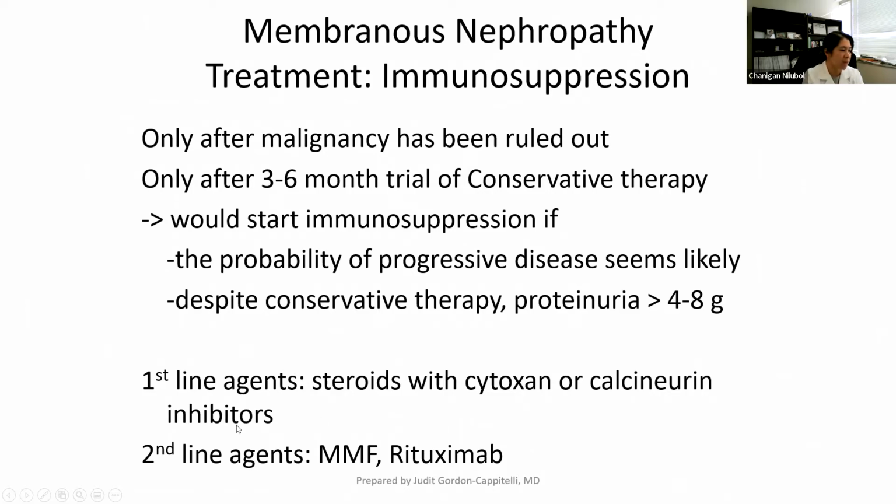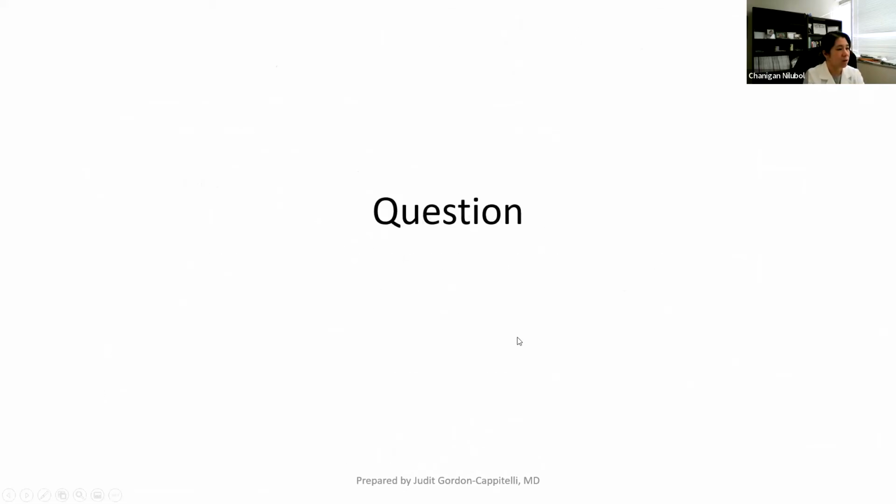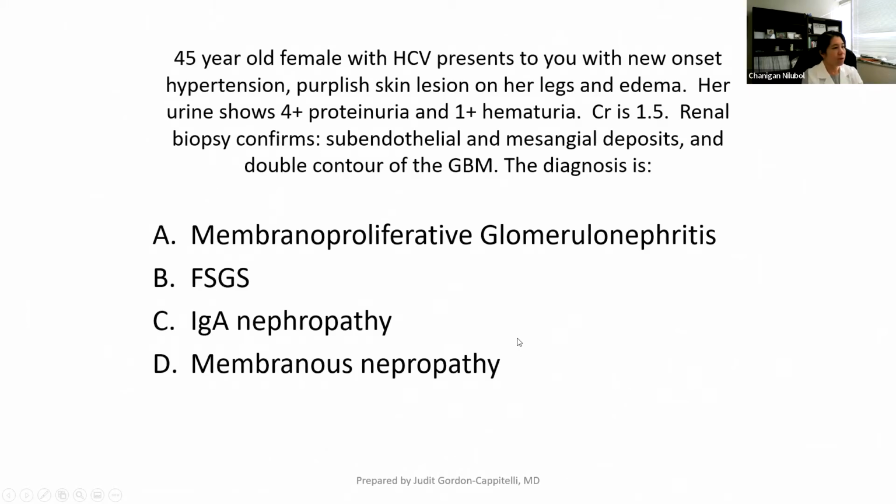I should probably update this slide, but rituximab has been shown to be non-inferior to Cytoxan, and it's easier to use and more tolerable. So a lot of patients now can have rituximab in combination with a steroid, and or a trial of a calcineurin inhibitor. Okay, I think we might have a little more time.